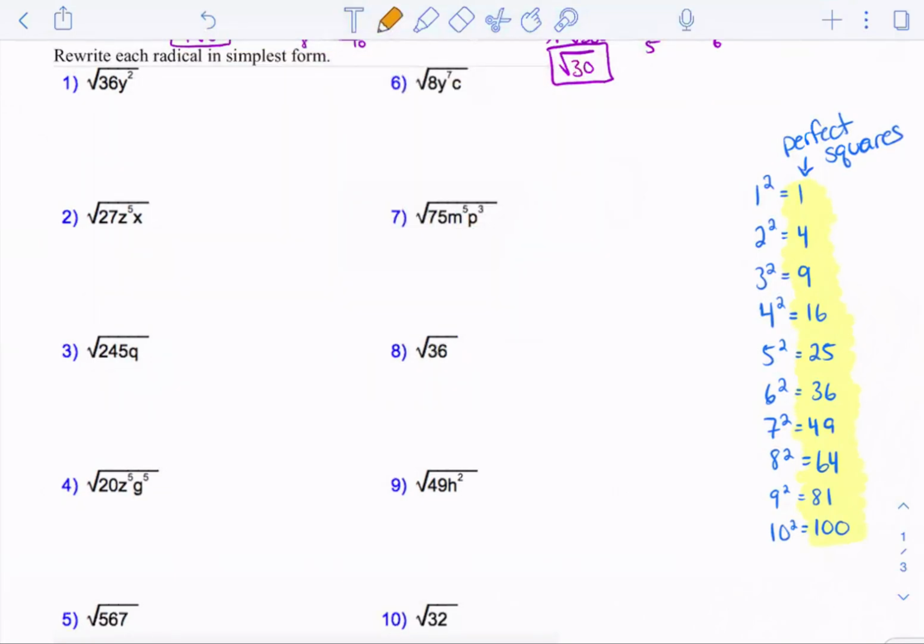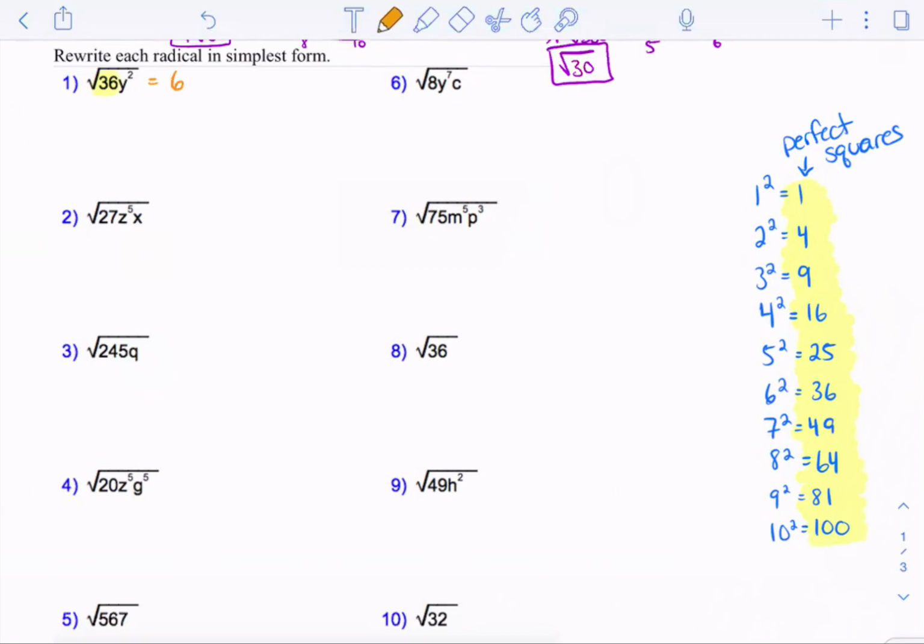In the first example, it has the square root of 36 and then it has y squared. So first of all, you have to ask yourself, is the 36 a perfect square? And the answer to that is yes. The square root of 36 is 6. So far, this is a perfect square.